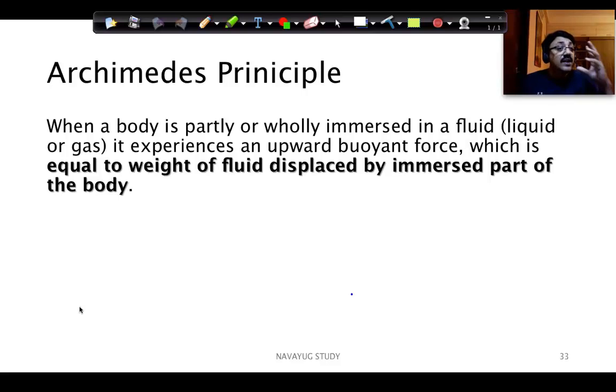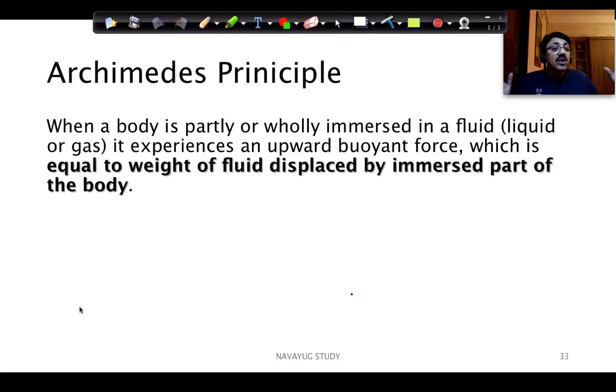displaced. You should understand that buoyancy is not a concept restricted to liquids. It's also there in gases. It is the same principle by which a hot air balloon is able to float in air. It's because of the buoyancy. What is happening is that the density of air inside the balloon, because it's hot air, is less than the density of air outside, the atmospheric air, which is not hot.